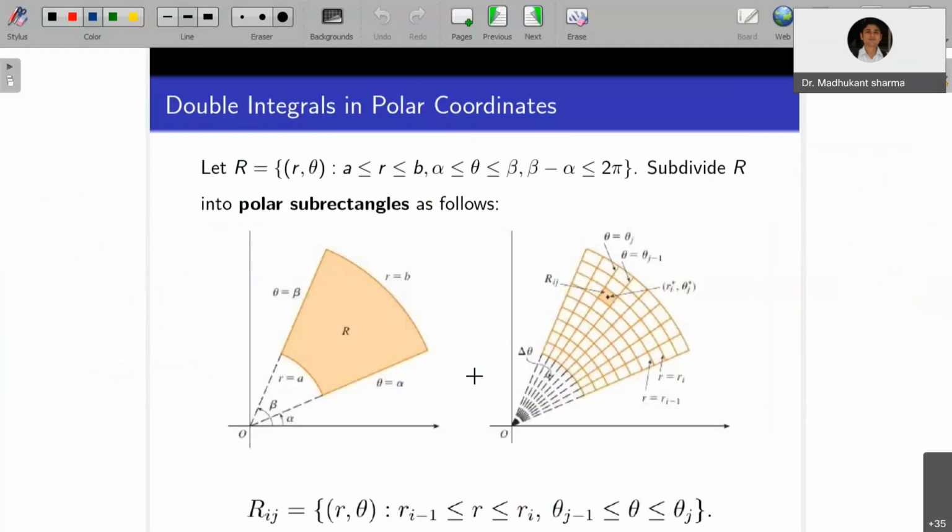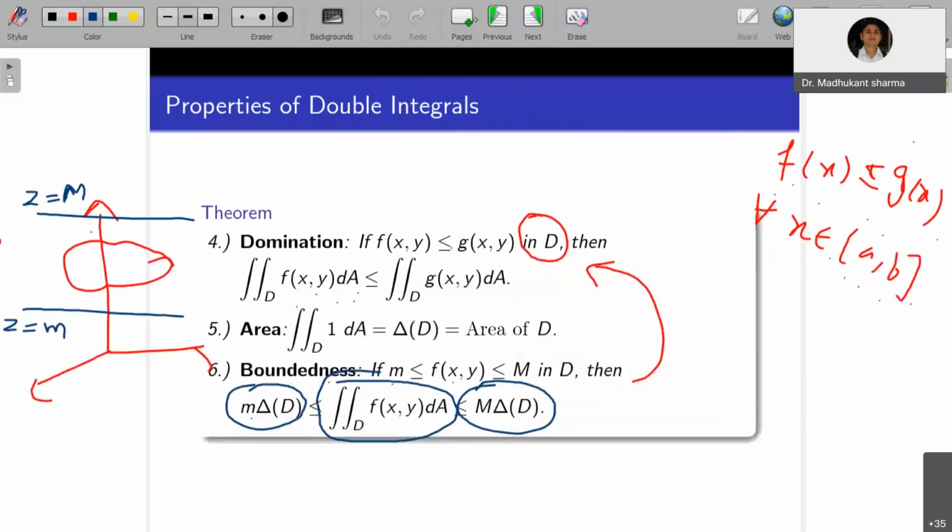Now, we have also talked about polar coordinates somewhere. Let me just give you that.